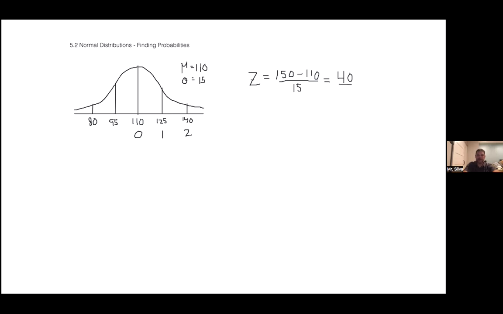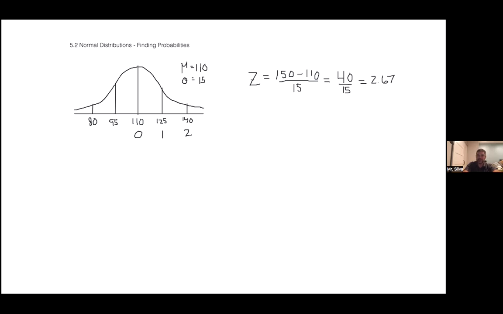You saw on the table, the z-scores were always rounded to the nearest hundredth of a decimal place. But if you do it on the calculator, it's not going to round. So 15 goes into 40, 2.67 times, 7 repeating, if you divide those two numbers.